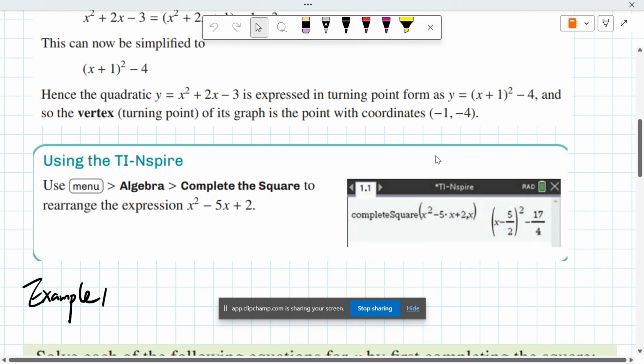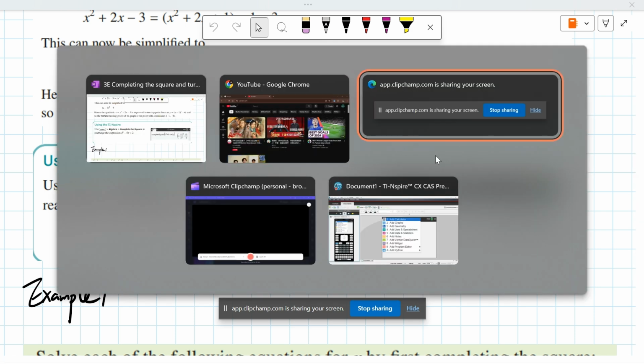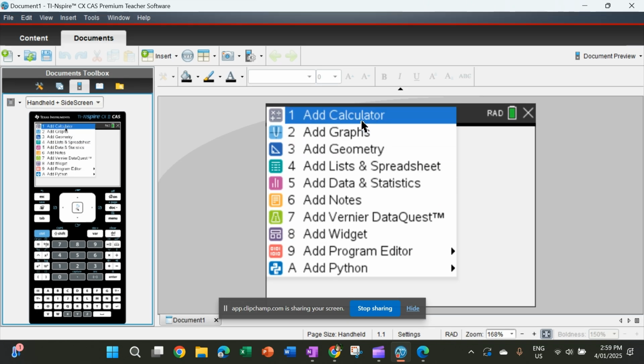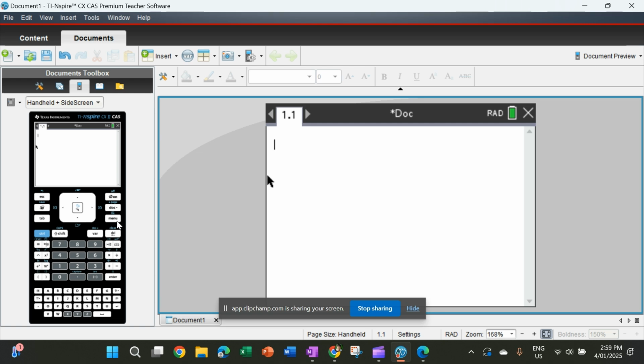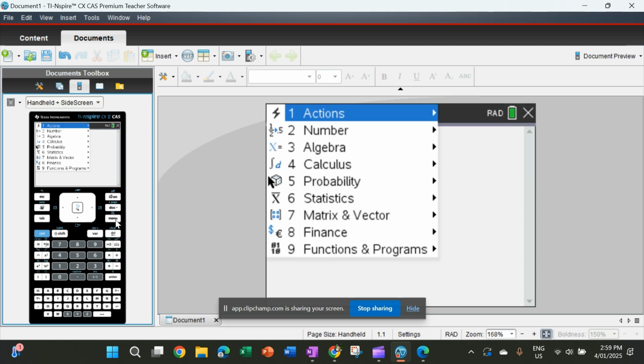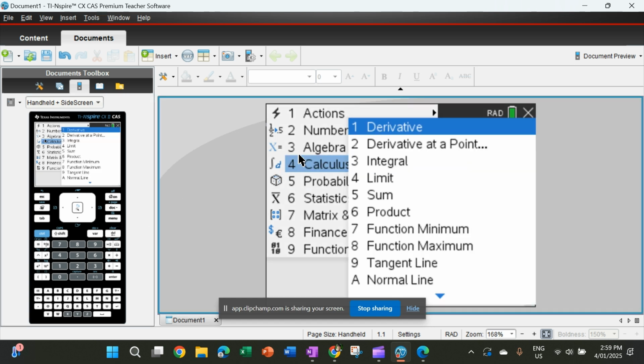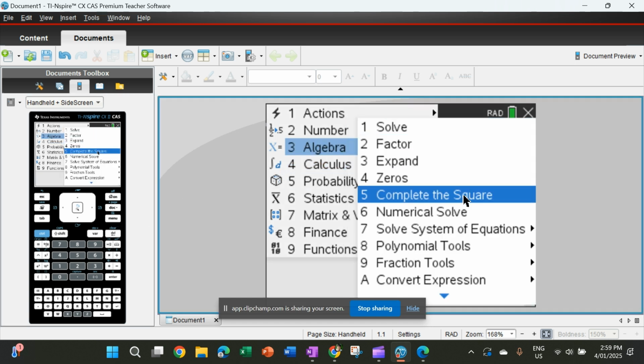So I want you guys to remember this real quick. If I say menu, and you go into algebra, you will say complete the square.